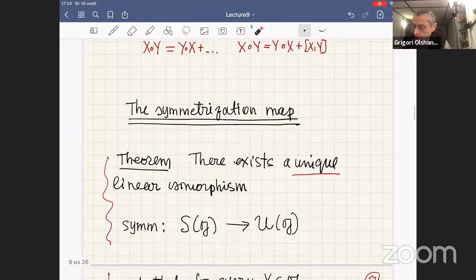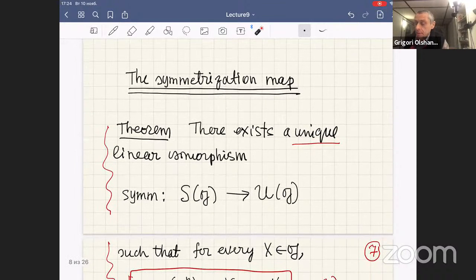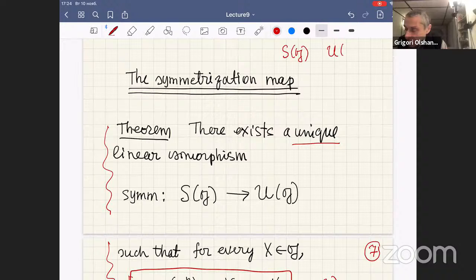Now, I want to define the so-called symmetrization map. So the informal meaning of the PBW theorem is that these algebras, the commutative algebra, the symmetric algebra, and the non-commutative algebra, in the first approximation, they are similar.